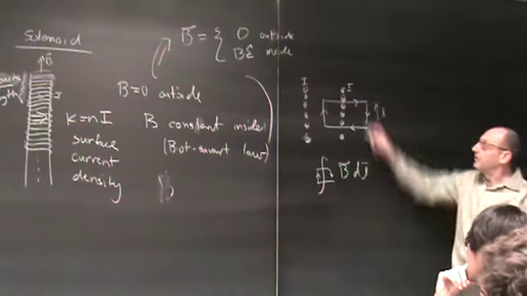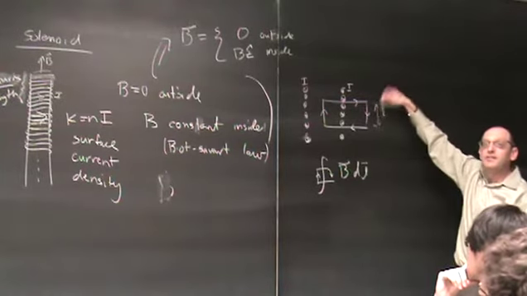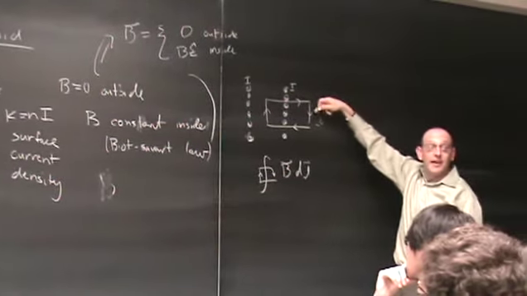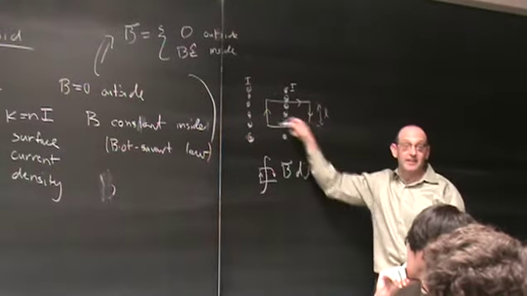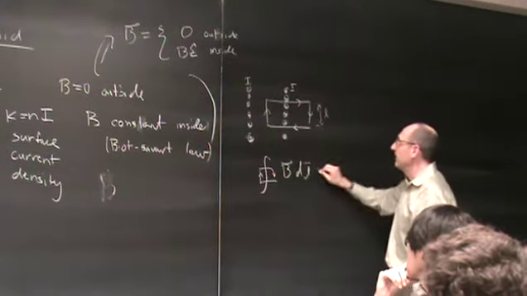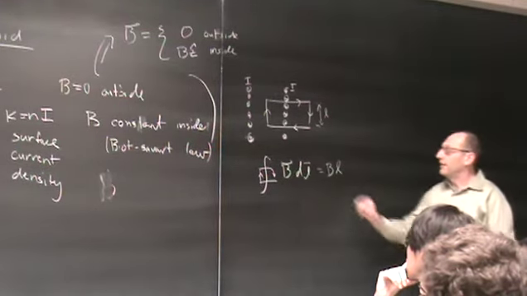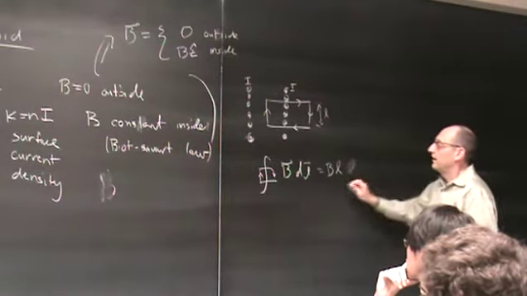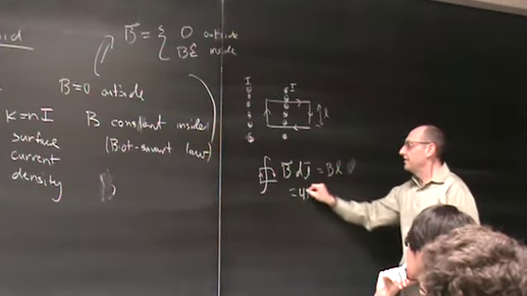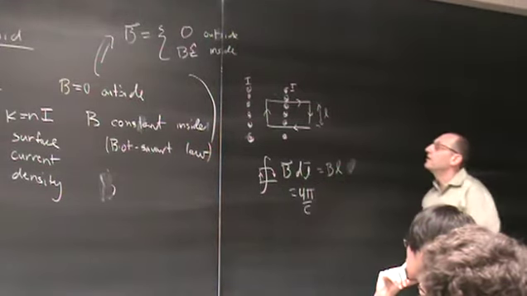B dot dl is 0 out here because the magnetic field is 0 out there. B dot dl is 0 over here because it's perpendicular, and so what we have is B times L. And that's equal to 4 pi over c times the enclosed current.